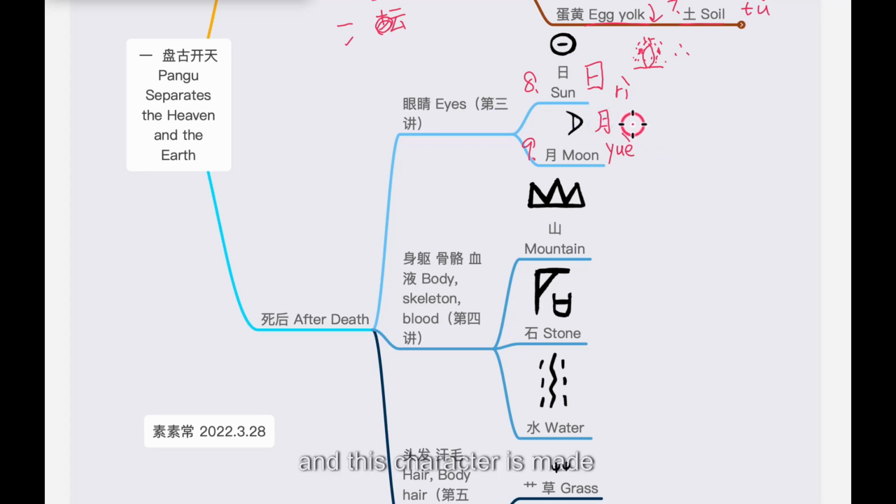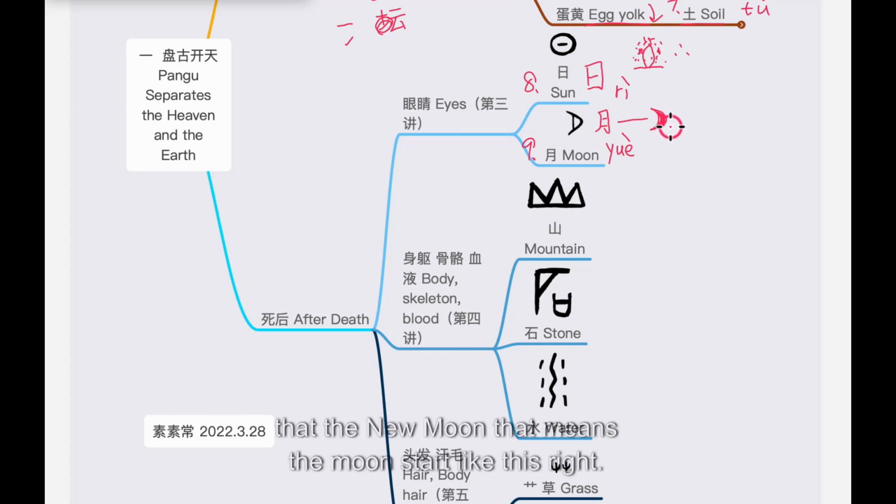And this character is made according to the new moon. Is it called the crescent? I forgot the pronunciation, but the new moon. That means the moon starts like this, right?